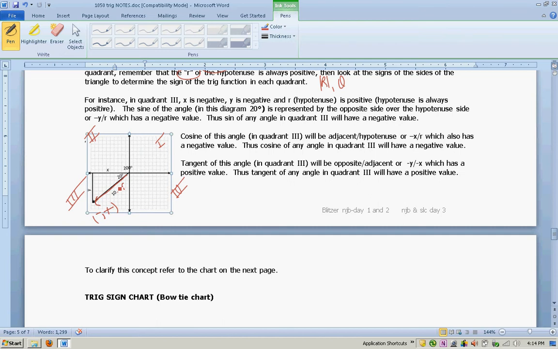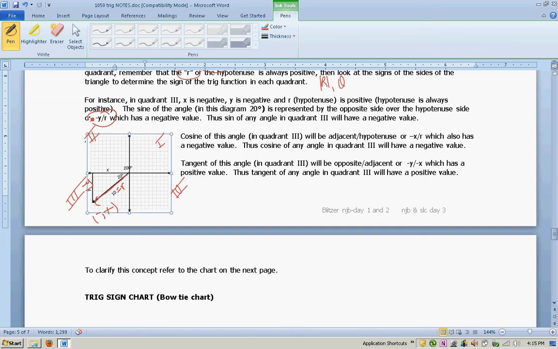So the sine of the angle in this diagram, that angle is 20 degrees, is represented by the opposite side over the hypotenuse side. So the opposite side, the y, is negative and the r is positive. So the sine of this angle would be represented by a negative value over a positive value, which has a negative value. So the sine of any angle in quadrant 3 will have a negative value.